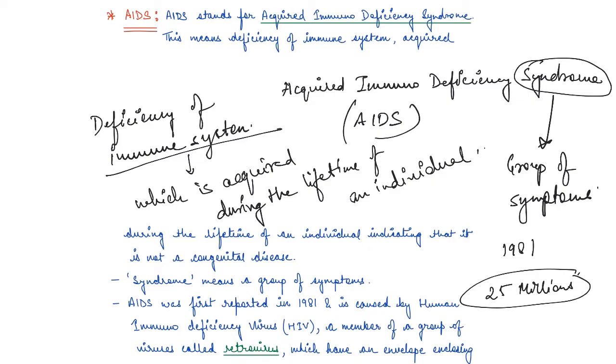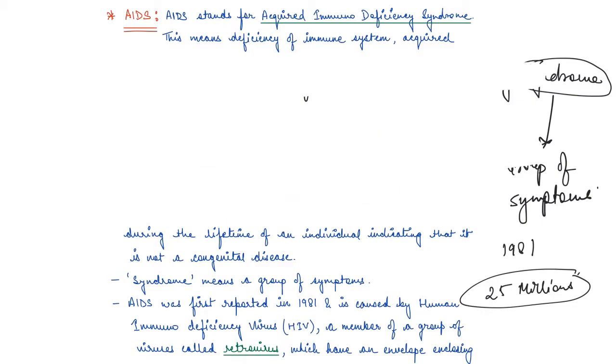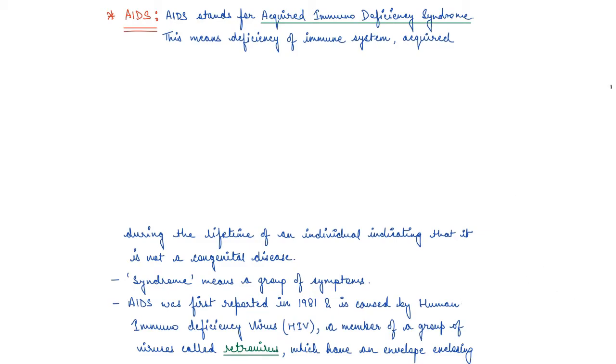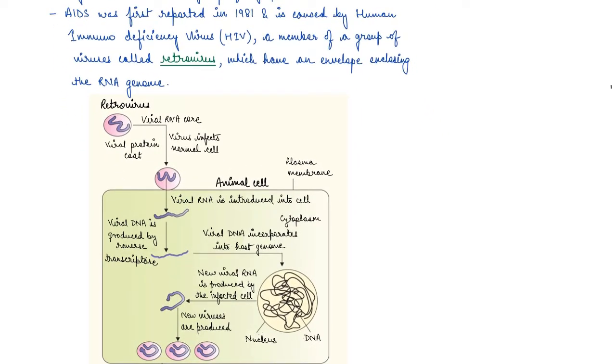So AIDS is caused by a virus. The virus is the human immunodeficiency virus. It is caused by HIV, the full form of HIV being human immunodeficiency virus. This is a group of retroviruses.